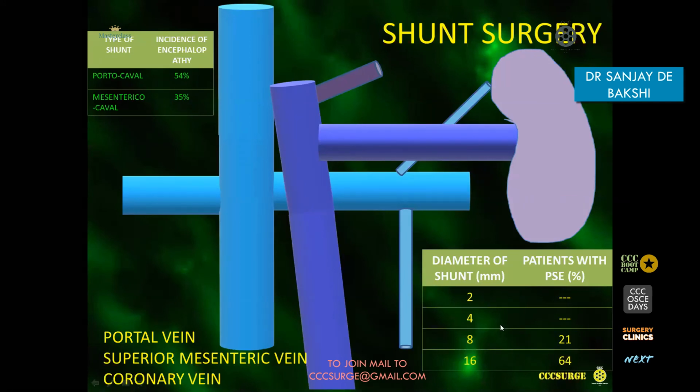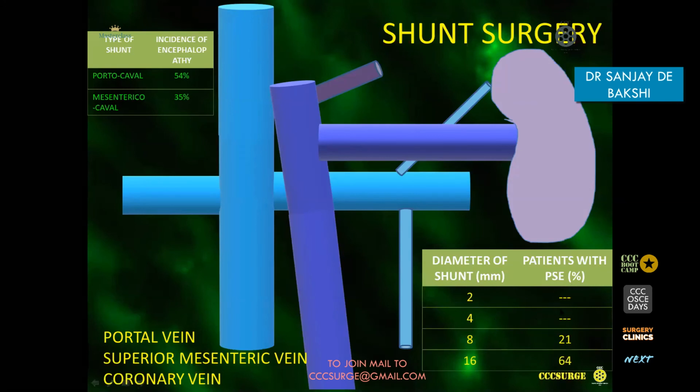But think about the diameter of the shunt. That paper was around for quite some time, people just didn't realize it was there. It was a brilliant paper, by Sarfeh. What he said was, if you had a diameter of 2 millimeters, no portosystemic encephalopathy.